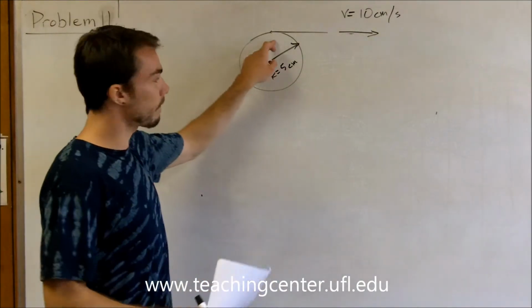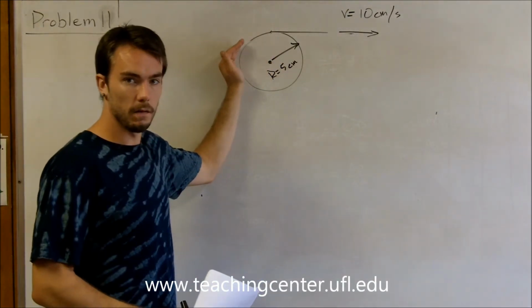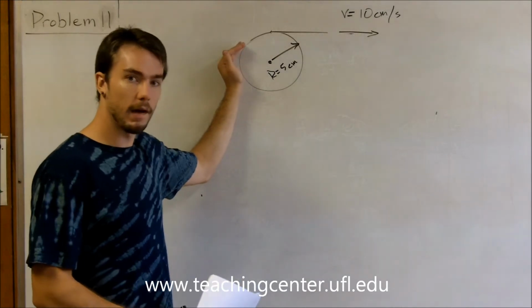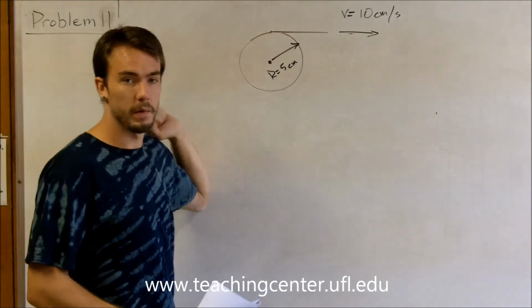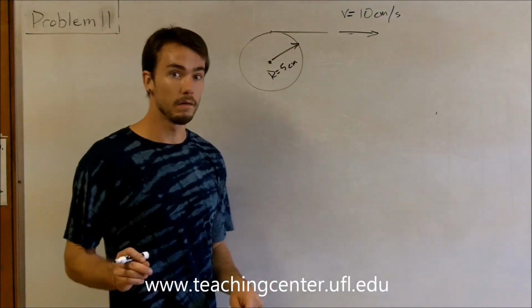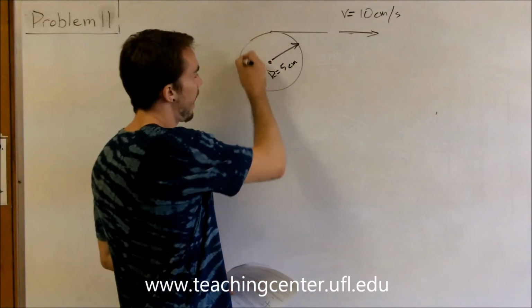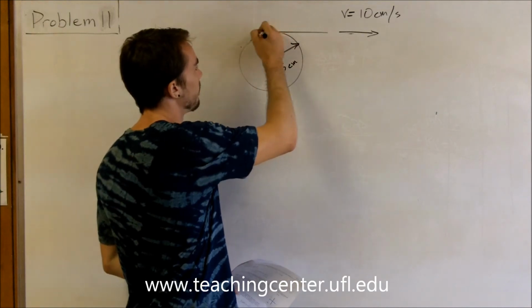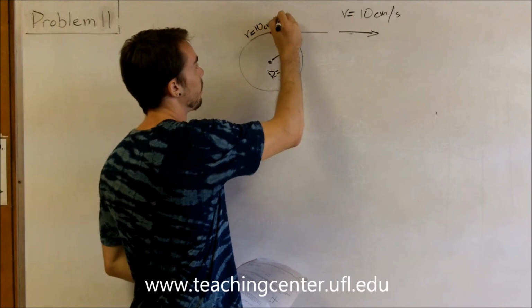If there's no slipping, that means the outside of the cylinder is actually moving at the exact same rate as the rope, which is a big concept in this class. No slippage means wherever the rope is in contact with whatever's rotating, they have the exact same linear velocity, your v variable. So the outside of the cylinder at any point has a velocity equal to 10 centimeters per second as well.